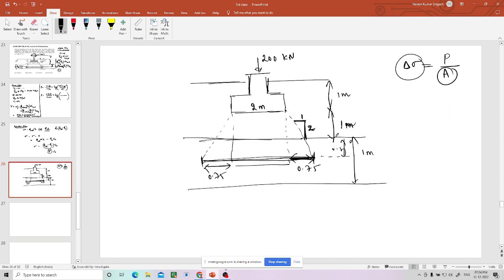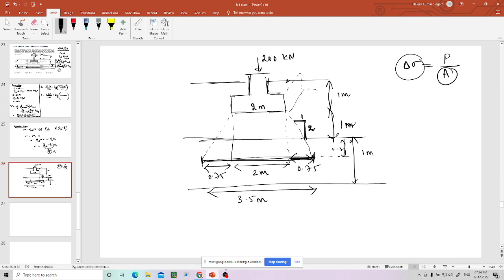So what is this already? This is 2 meters. 2 meters plus 0.75 plus 0.75 will be 3.5. So in this direction, 3.5 perpendicular to the board, and in the other direction also 3.5.